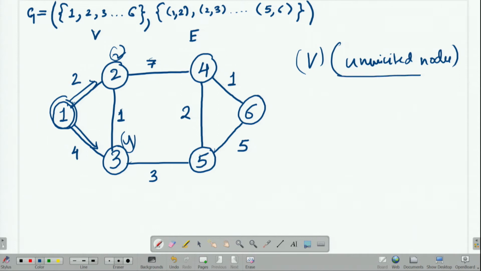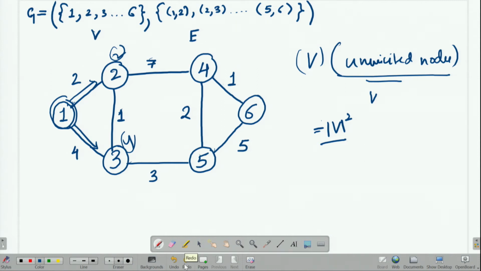Now this also means that it depends on the graph, but in the worst possible case it will be a complete graph where all the nodes are connected to all the other nodes, and at every iteration for every node we'll be looking at all the adjacent nodes and trying to relax all the adjacent nodes, in which case we can take the time complexity to be V square in the worst possible case, V being the number of vertices.